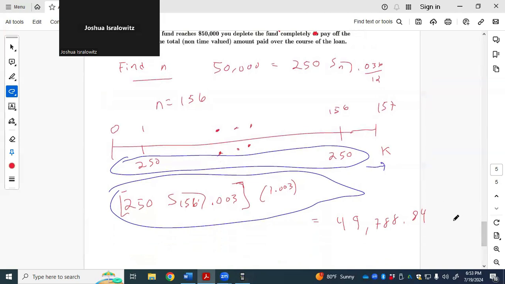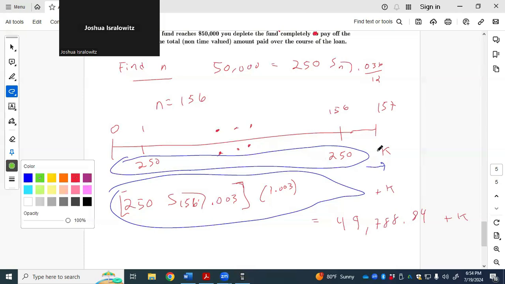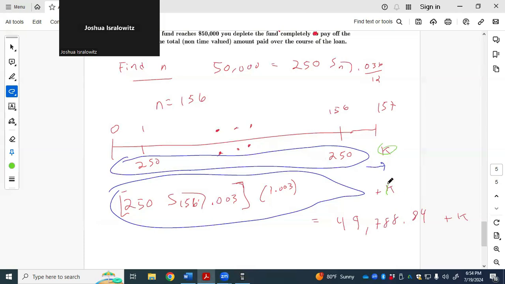And then you have the K. Sorry about that, I forgot the K. That's at the end, so it accumulates nothing in interest.